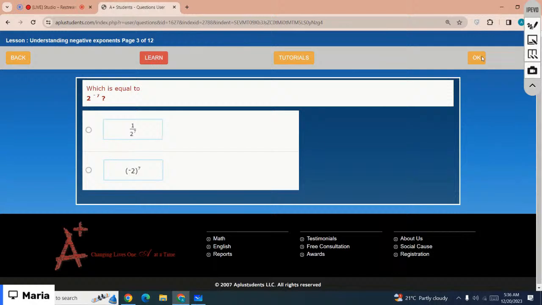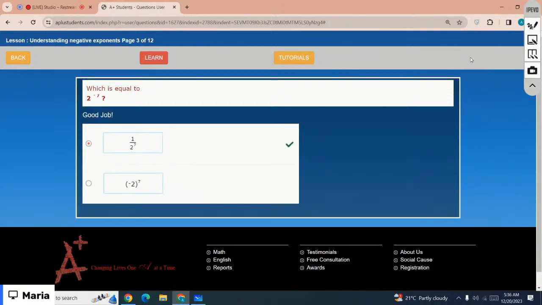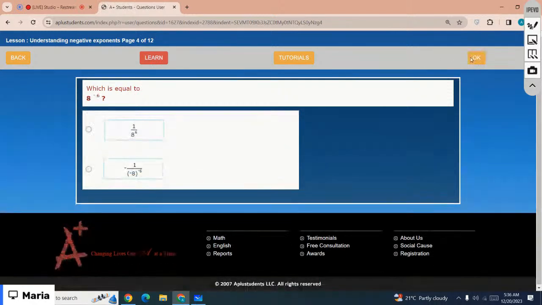Yes, option number 1 is the correct option. You can make the exponent positive by writing it in denominator. So that would be 1 over 2 exponent 7, right?